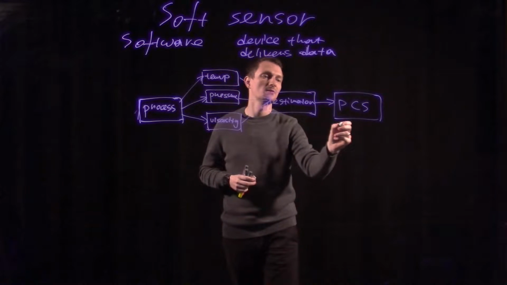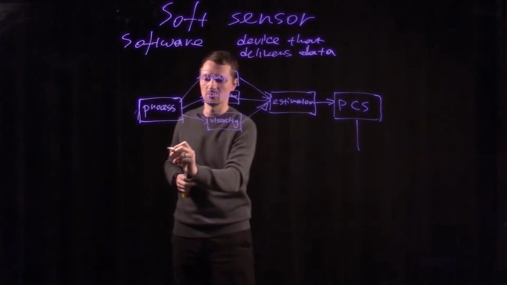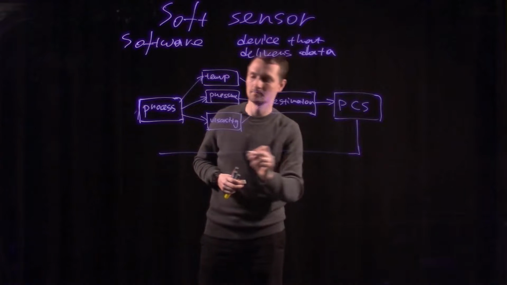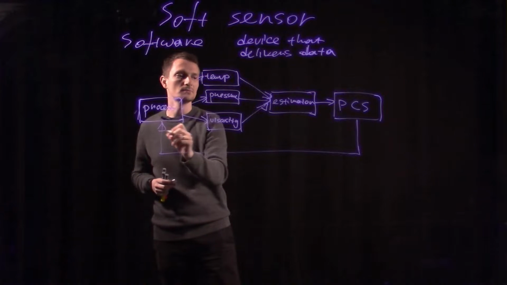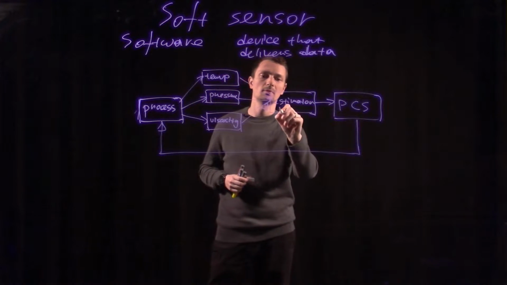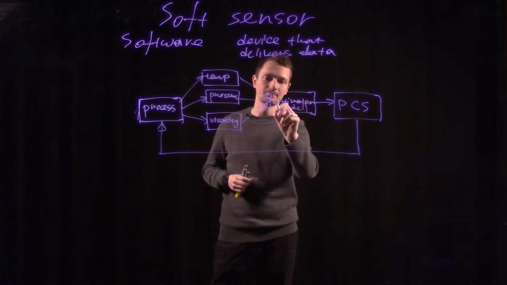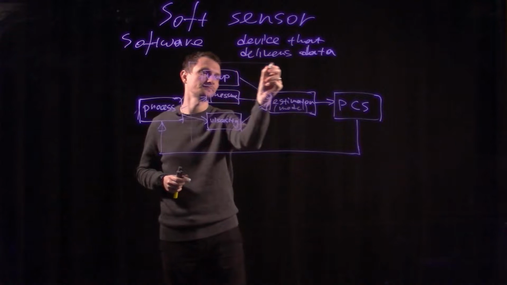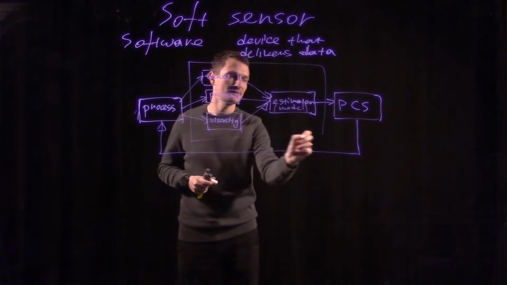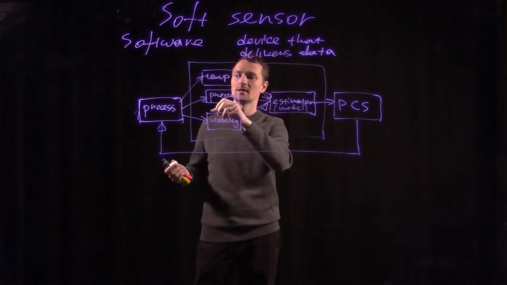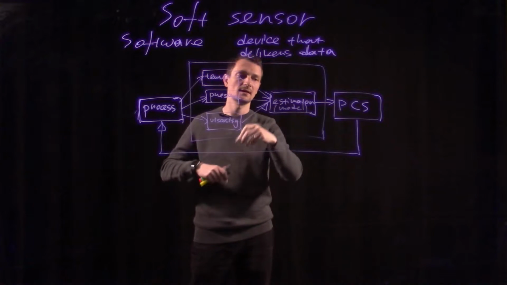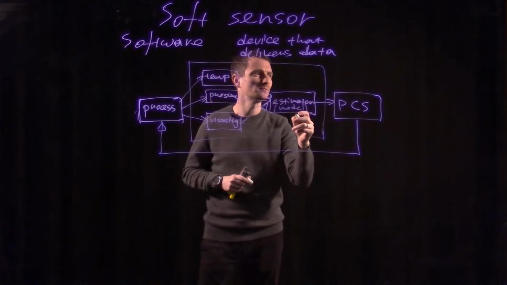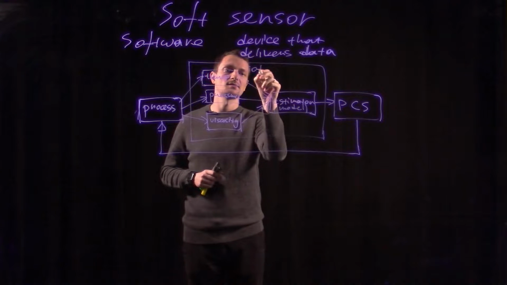In this case, we can, for example, control our process using the information from our estimator. And exactly this, the combination of the sensors we already have and the data they provide and our estimator or model, is exactly the soft sensor.